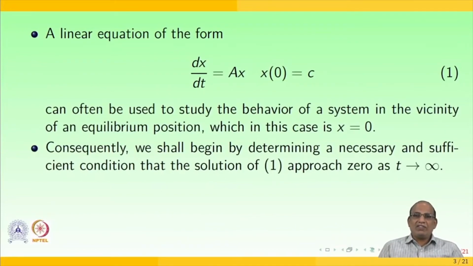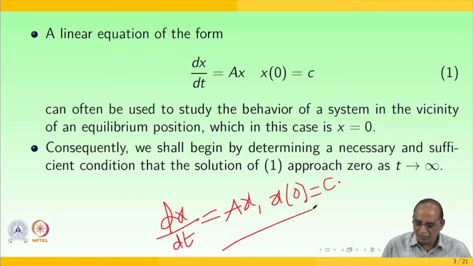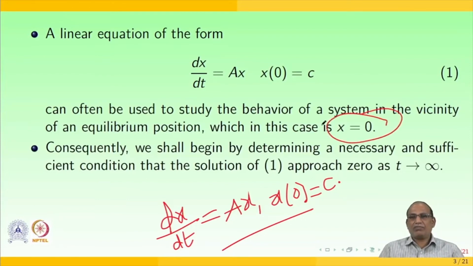A linear equation of the form dx/dt = Ax, x(0) = c, can often be used to study the behavior of a system in the vicinity of an equilibrium position, which in this case is x = 0.